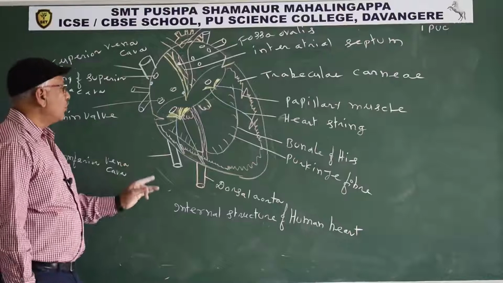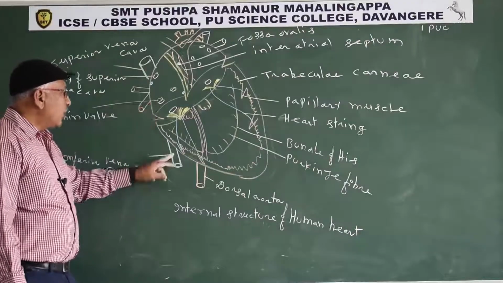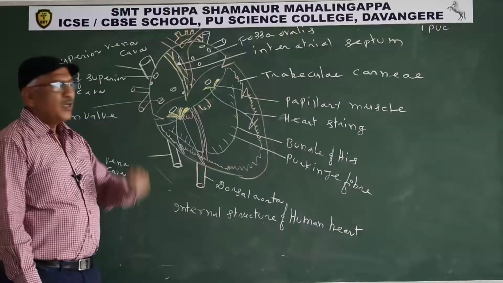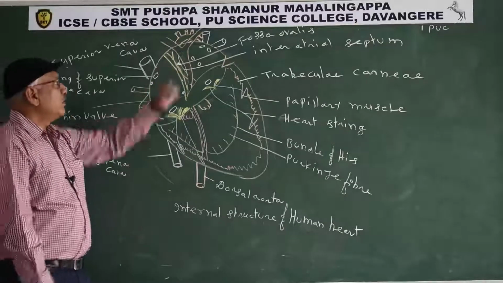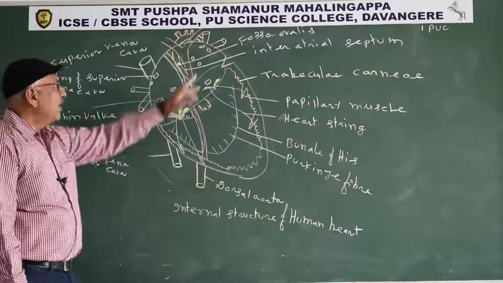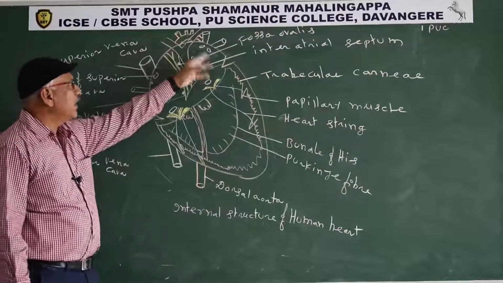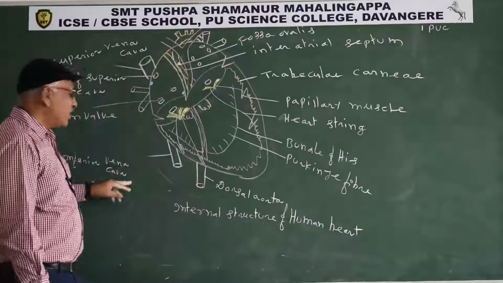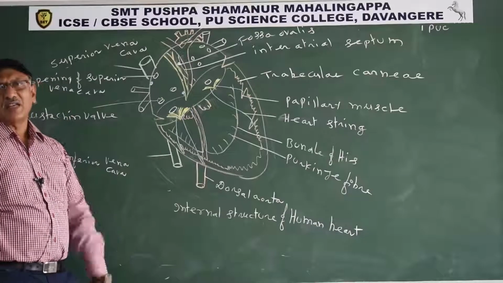So only in the first 2 months does the Eustachian valve direct the inferior vena cava blood into the left atrium. In the embryonic stage, the left atrium receives oxygenated blood from the lungs and deoxygenated blood from the inferior vena cava.